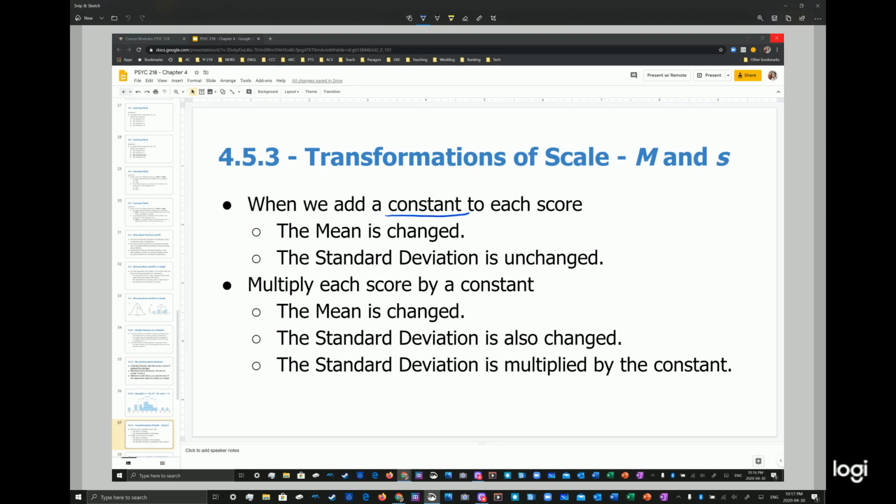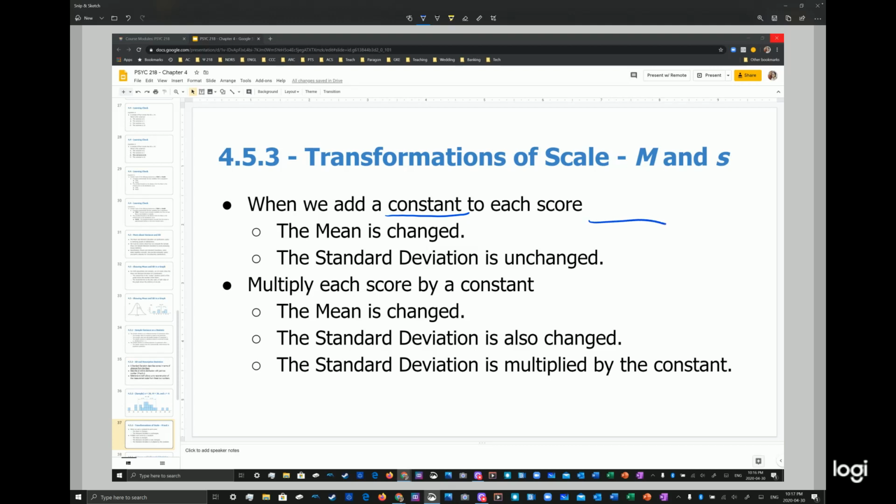If we add or subtract a constant to each score, again, here in this case we use add, and the constant could be positive or negative, then the mean would change by the value of that constant, but the standard deviation itself would not.